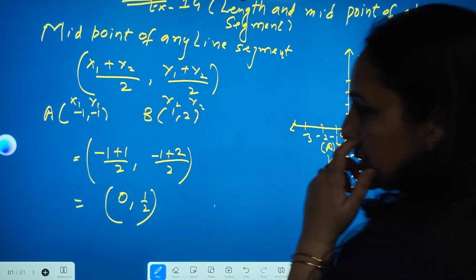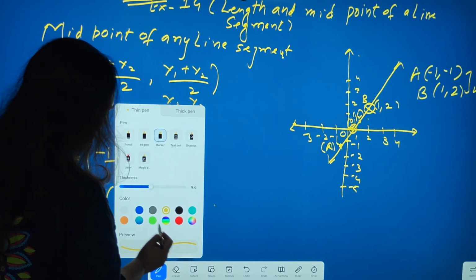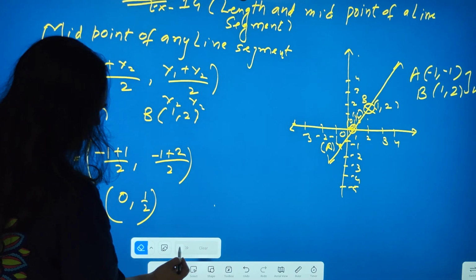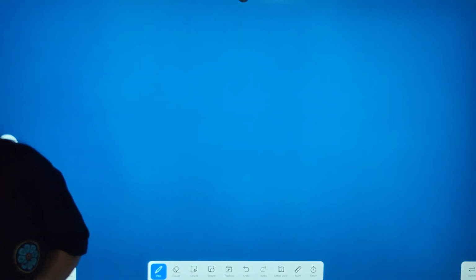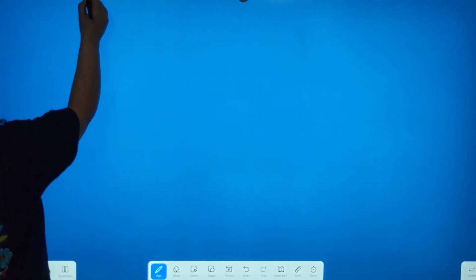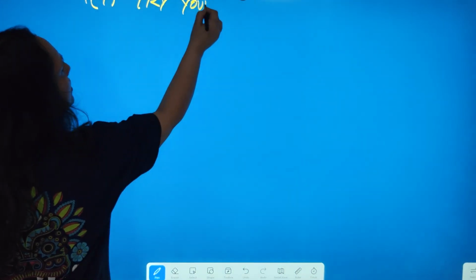Now let's consider the exercise. Let's do the 1G exercise, try yourself.